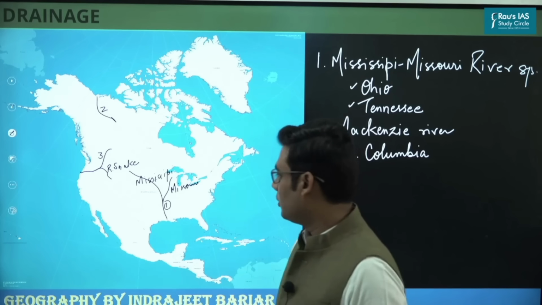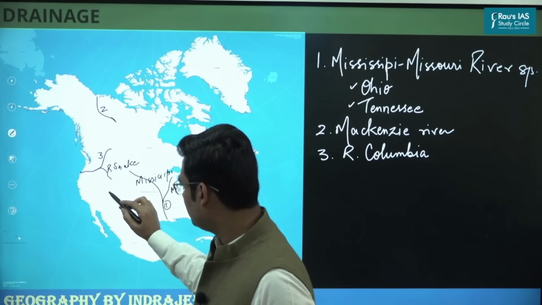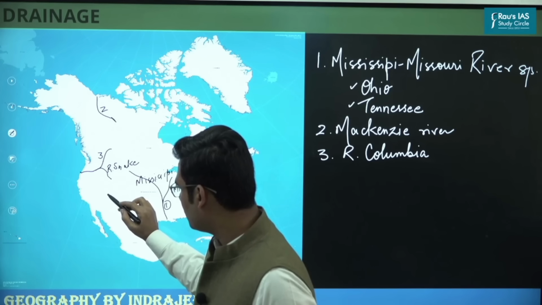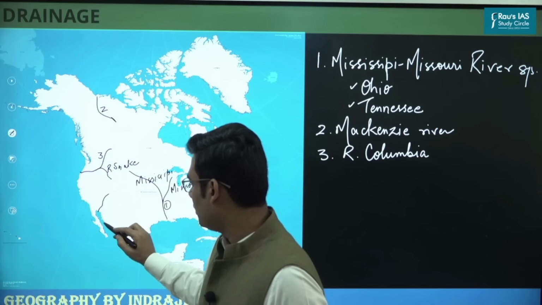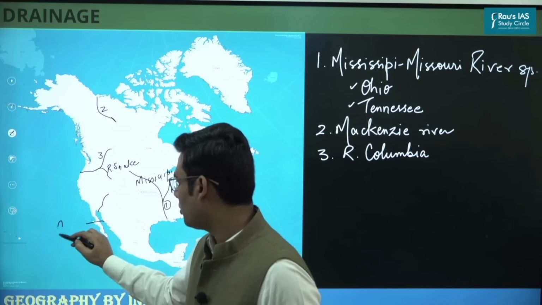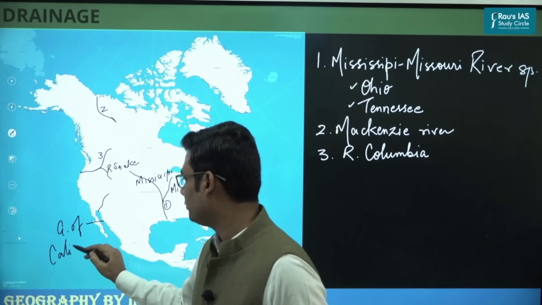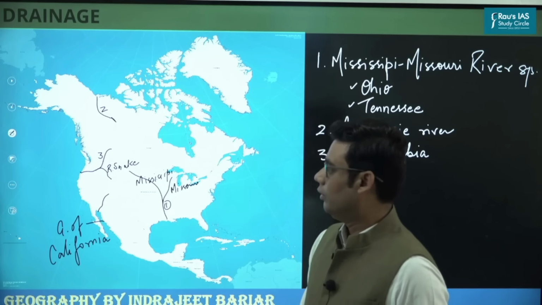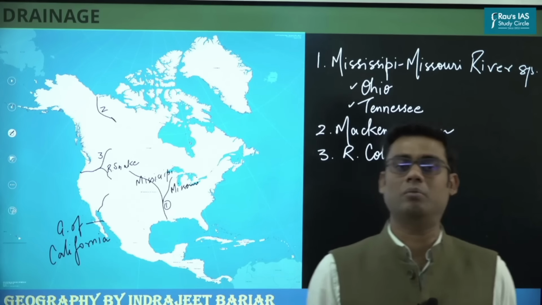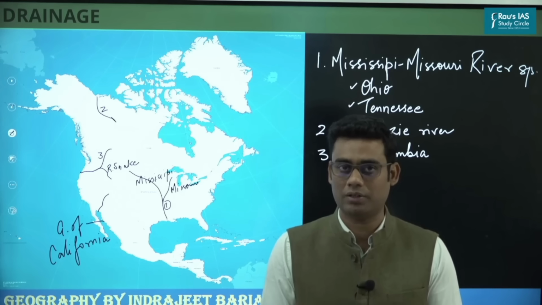After this, the next river flows like this into what water body? This water body is the Gulf of California. This river is extremely important geographically, due to the geographical features that it has created.